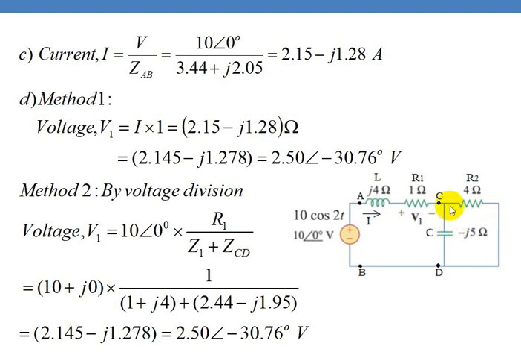Similarly, for the current through resistance R2, the total current is multiplied by the opposite branch reactance, in this case minus J5, divided by the sum of these two, that is 4 minus J5.